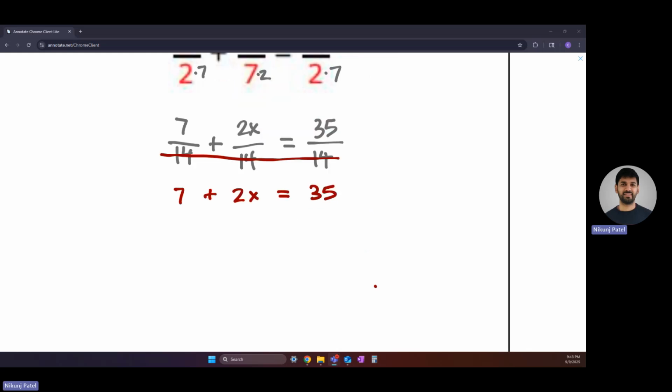And now this is a pretty simple equation like we've been solving on the previous page. So I'm not going to go through those steps. You can practice that on your own. But just so that you have an idea of where you should end up, you should end up at a value of x equals 14 when you solve that, right? You're going to subtract 7 and then you're going to divide by 2, and that should end you up at this 14 right here.